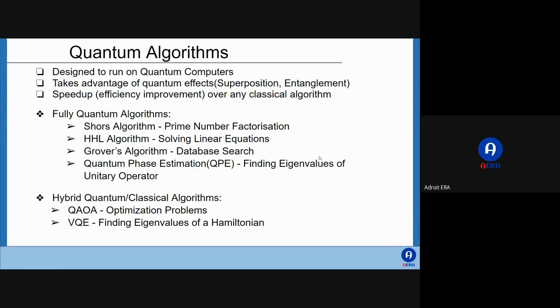Quantum algorithms take advantage of quantum effects such as superposition and entanglement, compute on quantum computers, and then produce the result. So, why do we use quantum algorithms? Because they are efficient, and a lot faster in computing the result than classical algorithms.